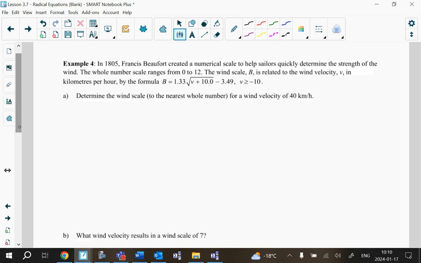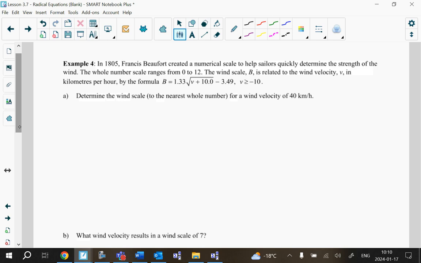You have to know the wind speed, and then you plug it into a formula that involves a square root. Then you round it to the nearest whole number, and that gives you your scale. It tells you whether it's mildly windy, moderately, severely.